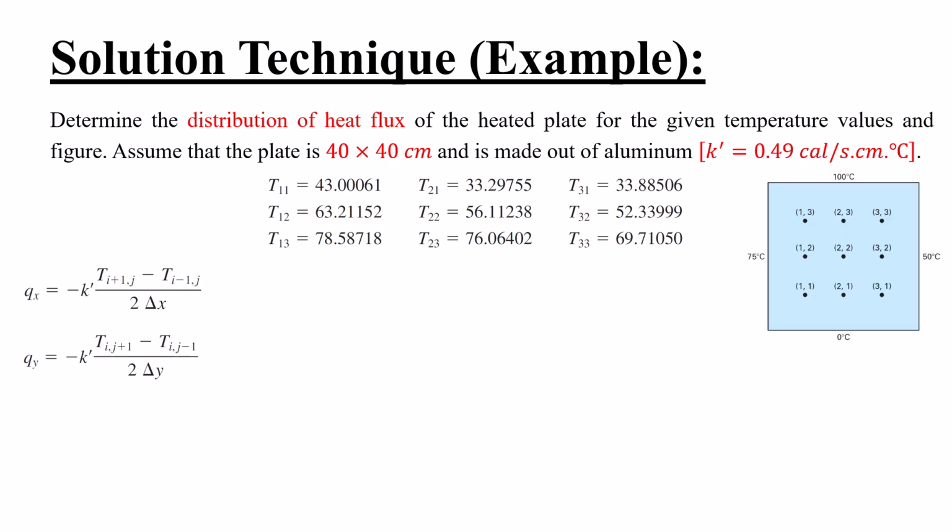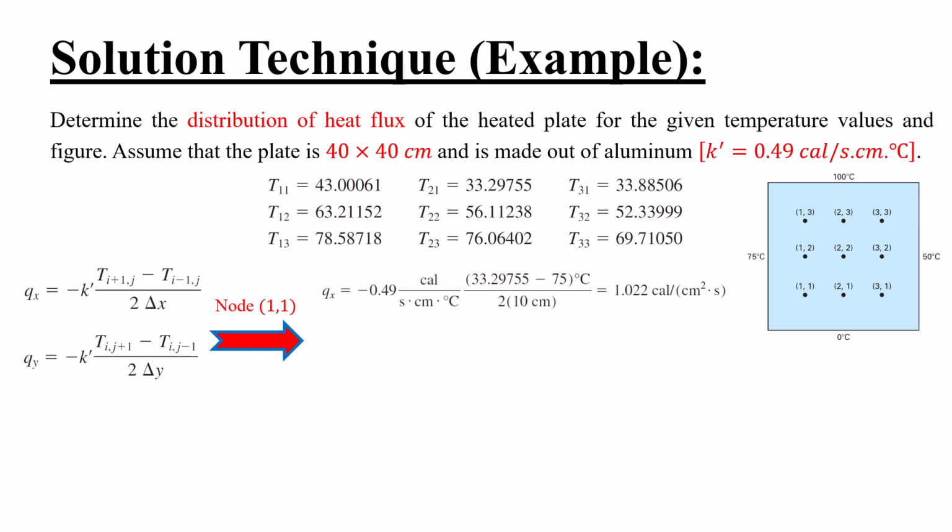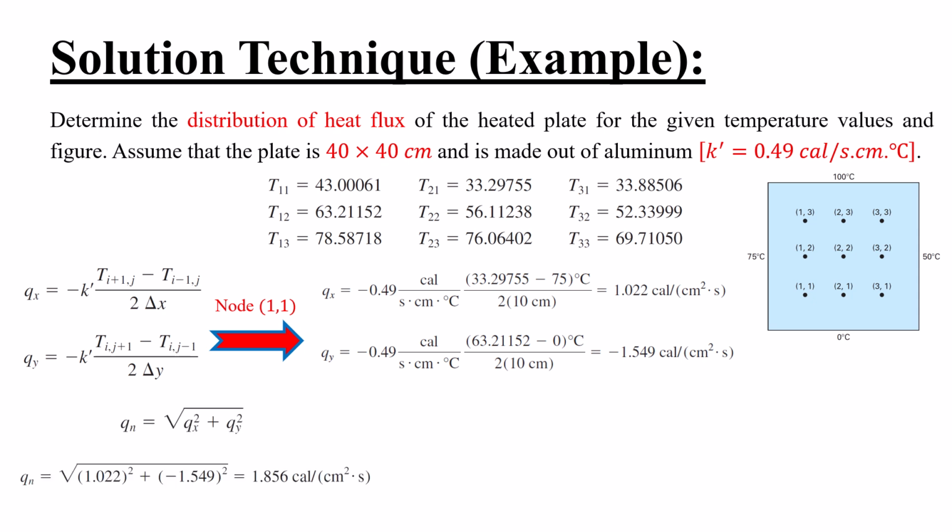For heat flux we have to plug in values for the x-axis and y-axis. For node 11, your heat flux values are 1.022 in the x-axis and minus 1.549 in the y-axis. The absolute value is 1.856 calorie per centimeter square per second, and the angle is minus 56.584.